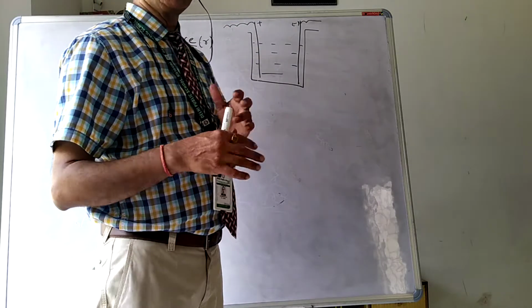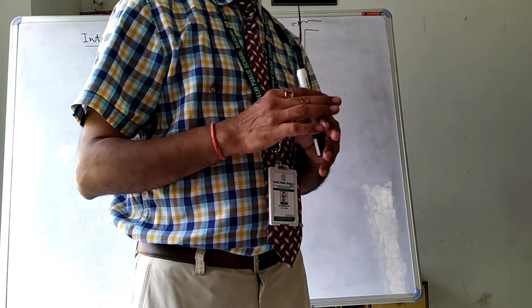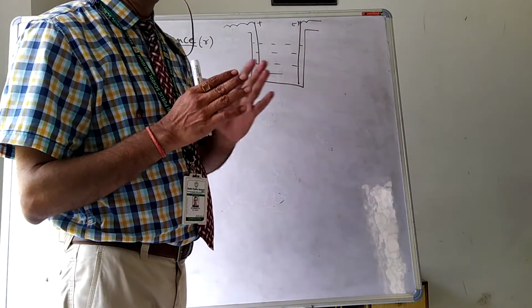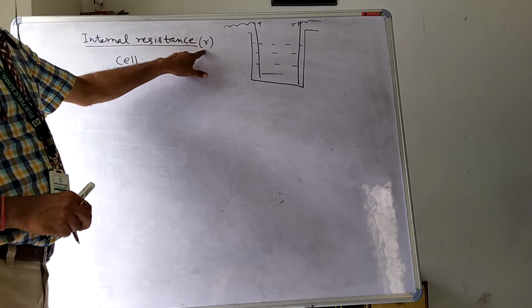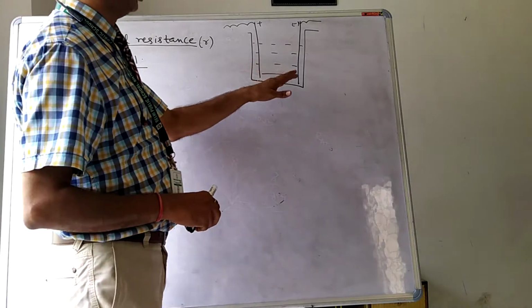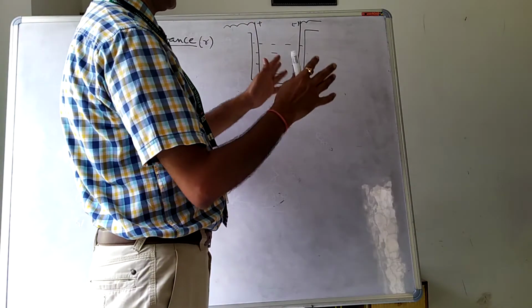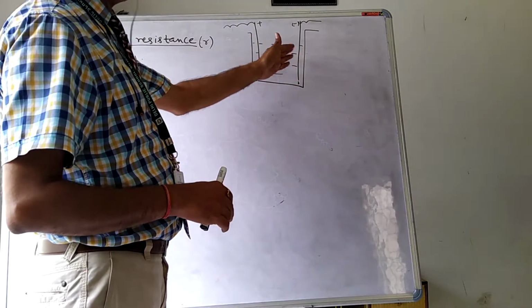When the temperature is high, the internal resistance of the electrolyte will decrease. So the factors on which the internal resistance of the cell depends are the temperature, the area of the plate, the separation between the plates, the nature of the electrolyte, and many other factors.